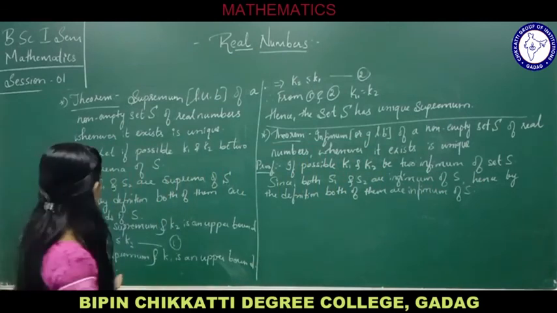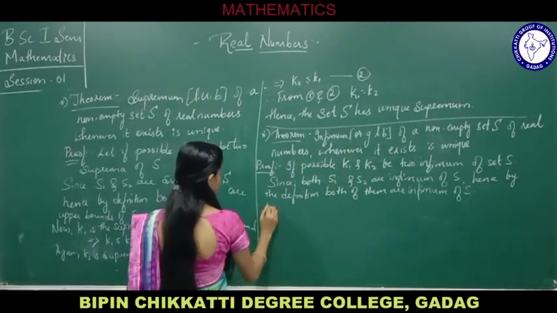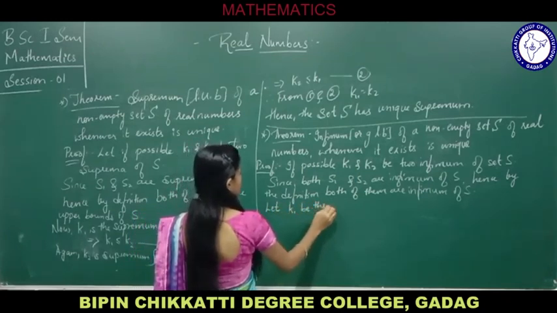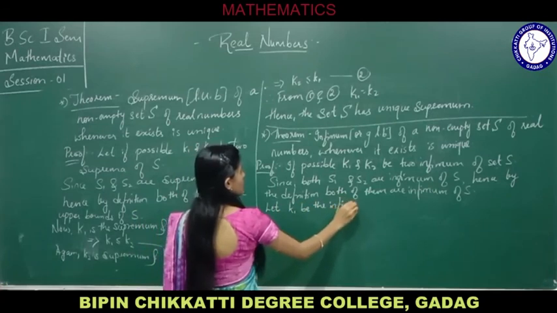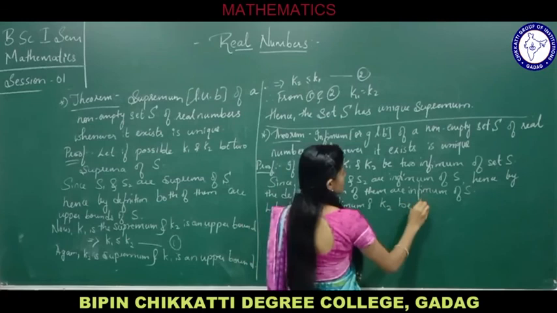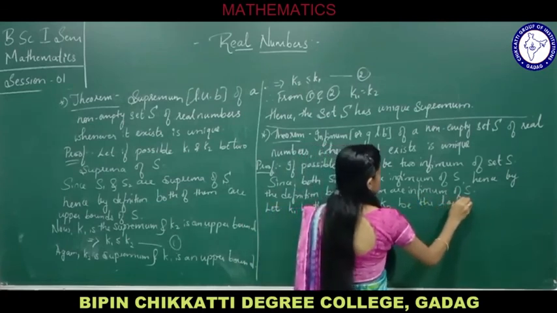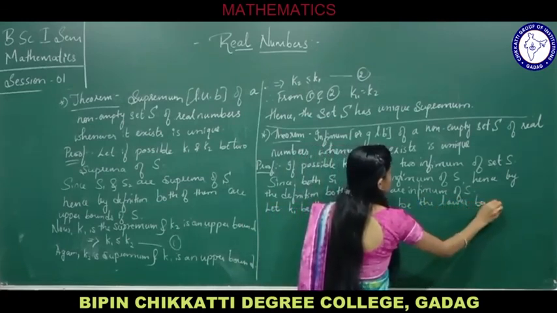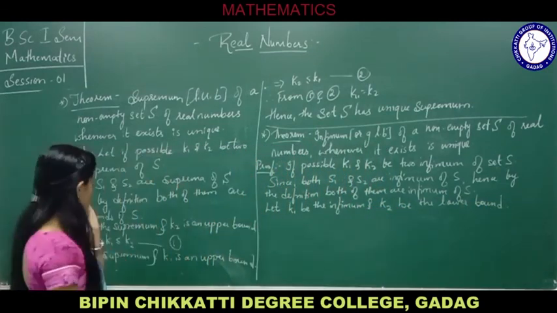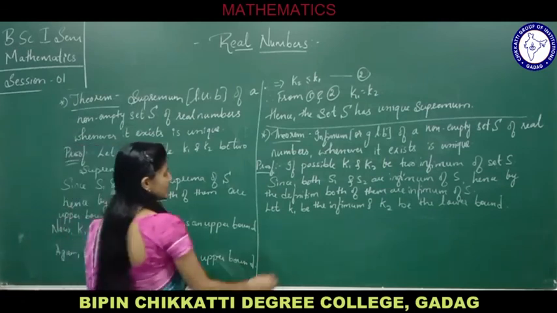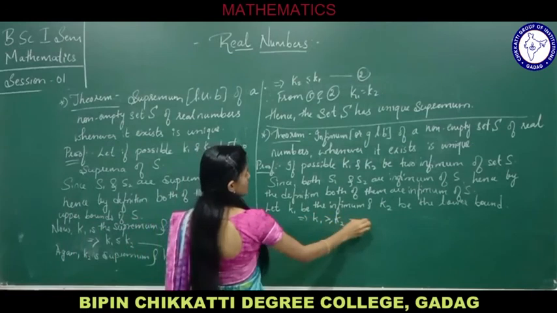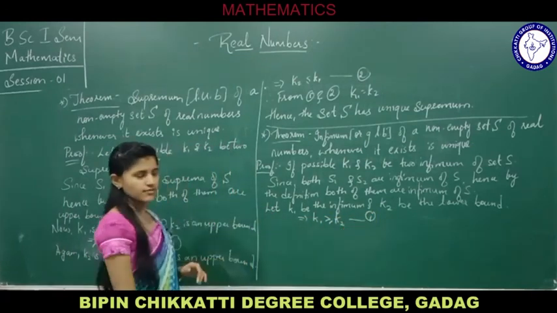Now, let K1 be the infimum and K2 be a lower bound. Then if K1 is the infimum and K2 is a lower bound, we get that K1 is greater than or equal to K2. Consider this as equation 1.